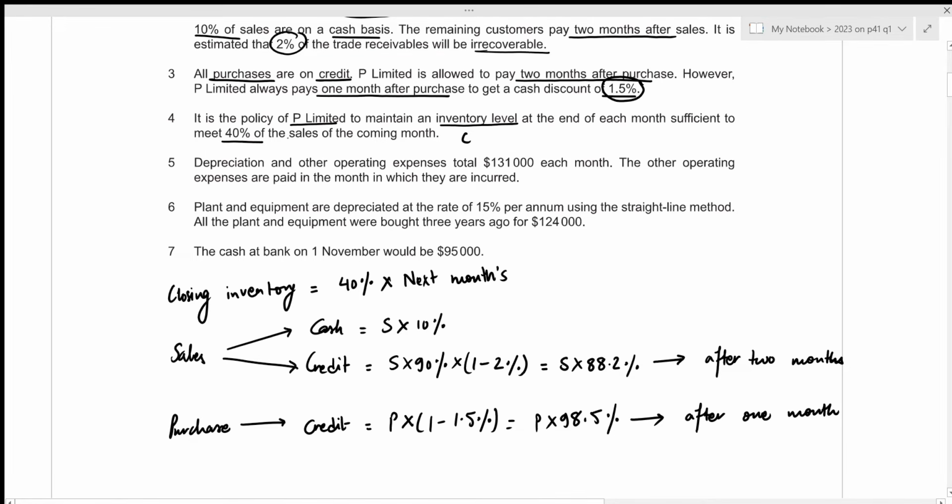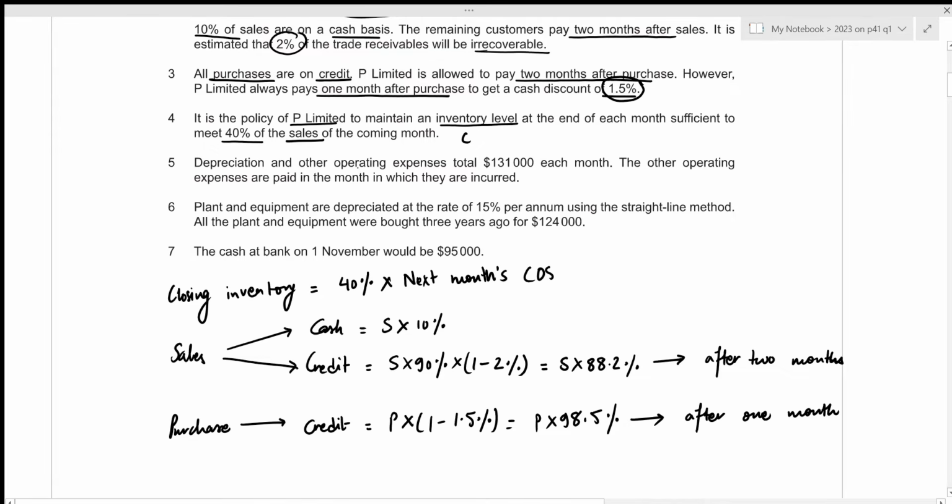And remember, in this case, we are told the sales, right? But in this case, rather than the units, we have been given the sales value. But we cannot incorporate sales value as part of our closing inventory, since closing inventory will only be valued at its cost. That is why we can just include this as next month's corresponding purchases or the next month's corresponding cost of sales. That will be our closing inventory for each month.